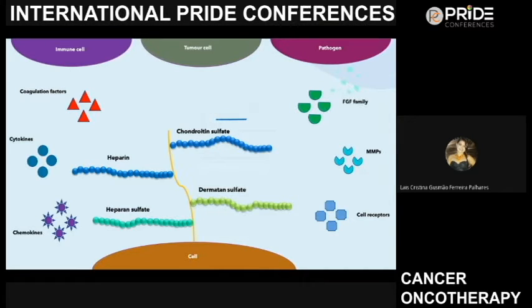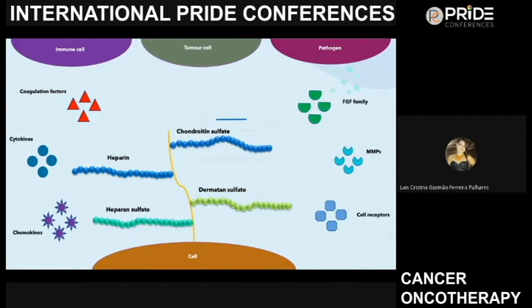That includes immune cells, different tumor cells, and GAGs can also play a role in the infection of different pathogens. So they play very crucial roles in normal physiology and also in pathology, especially in cancer, because different types of GAGs have been found to perform signalling within the tumor environment.